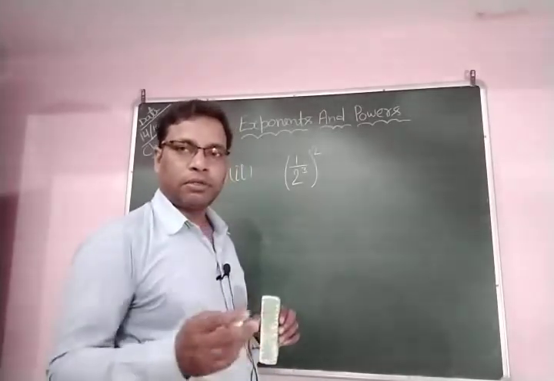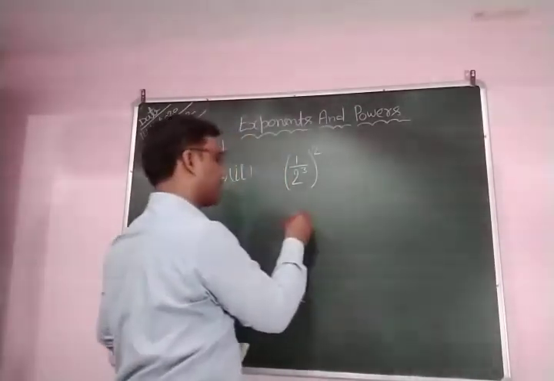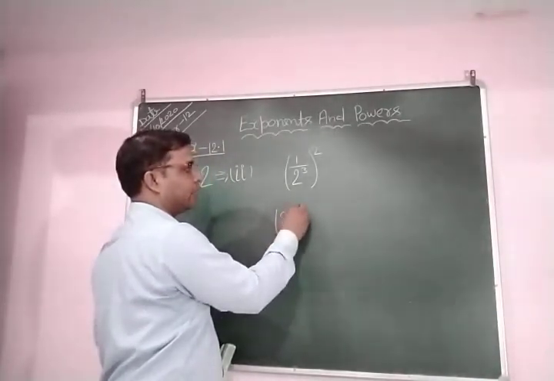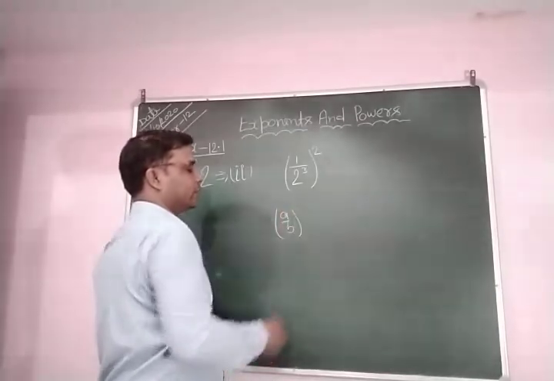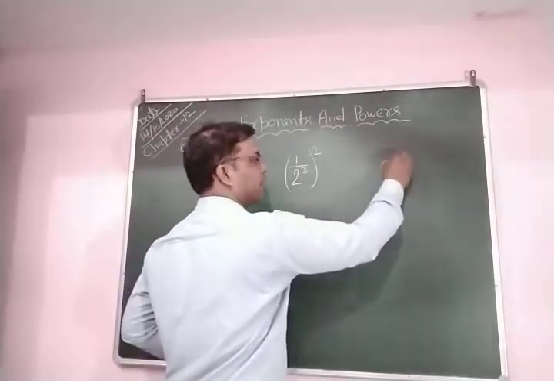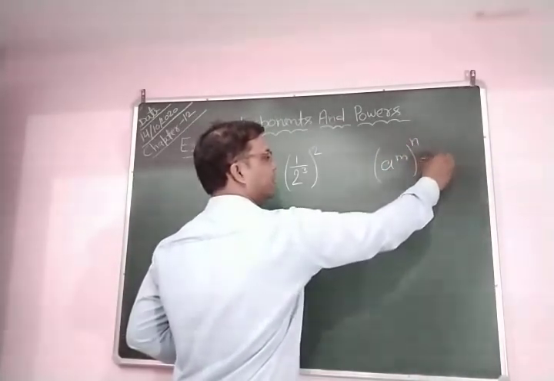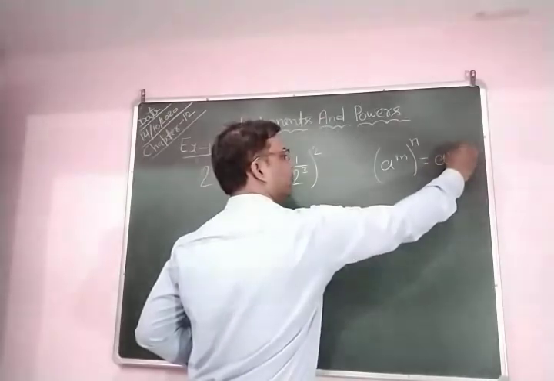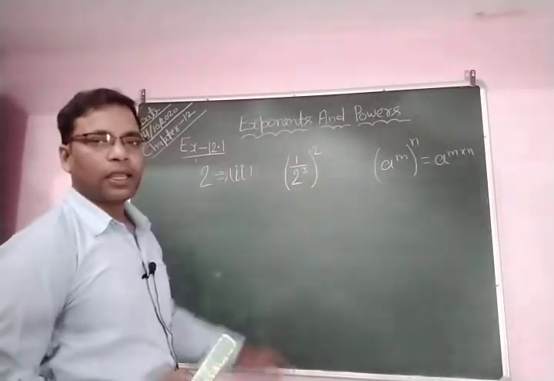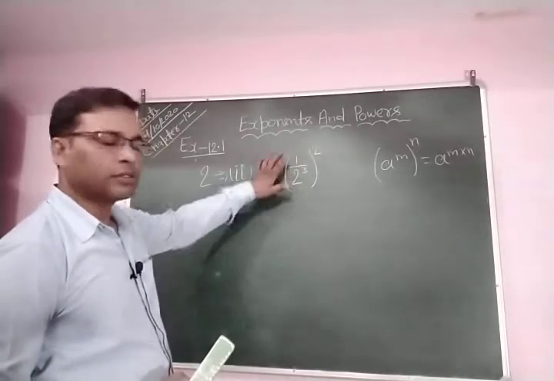I hope all of you remember this law. If something is given like a simple example, a to the power m whole power n, then you can write it as a to the power m into n. This is clear. So use this law of exponents and solve these questions.